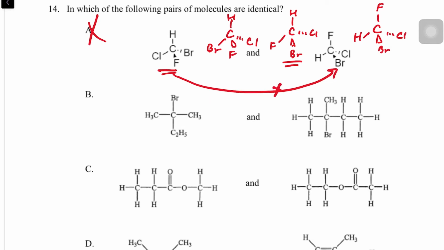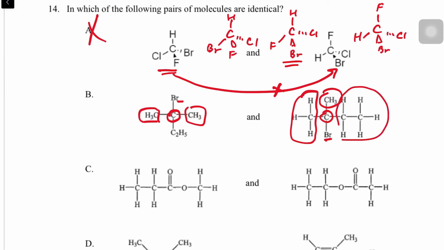Sorry for that. The second one, let's focus on this one. On the one hand is Br, good. We got CH3, this is CH3, good. Another CH3, and finally C2H5.